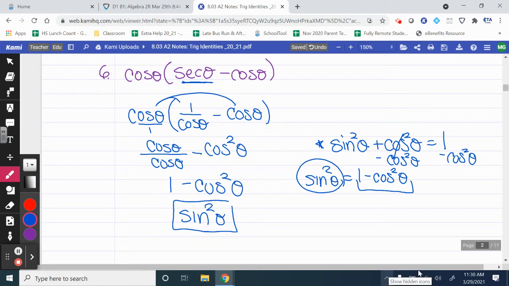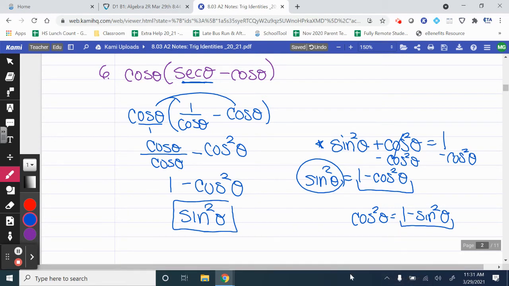Another way of doing it is if you had solved for cosine squared theta, so you could have subtracted. I'll just show you up to this side here if this makes more sense. So you could have got cosine squared by itself by subtracting sine squared over to the right side, and then you could sub in 1 minus sine squared in for your cosine squared and distribute the negative. It's a little bit more work.